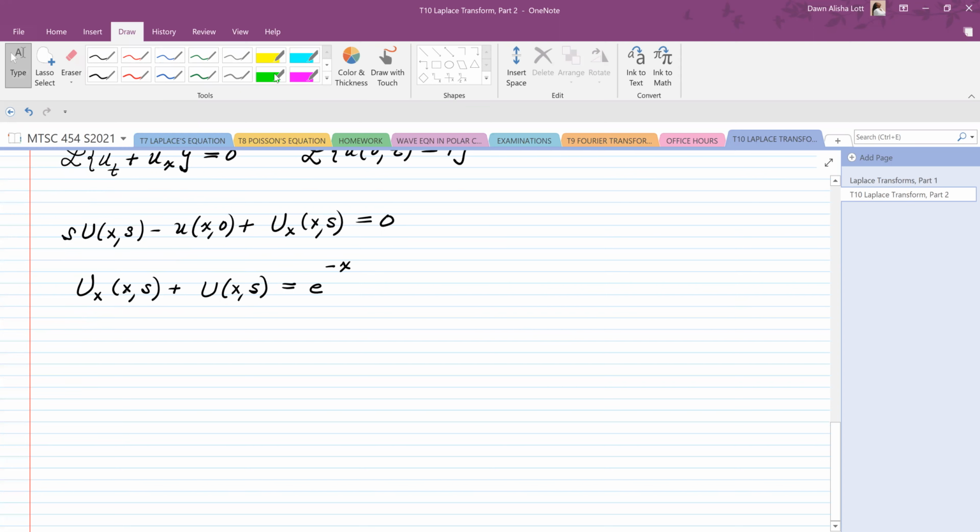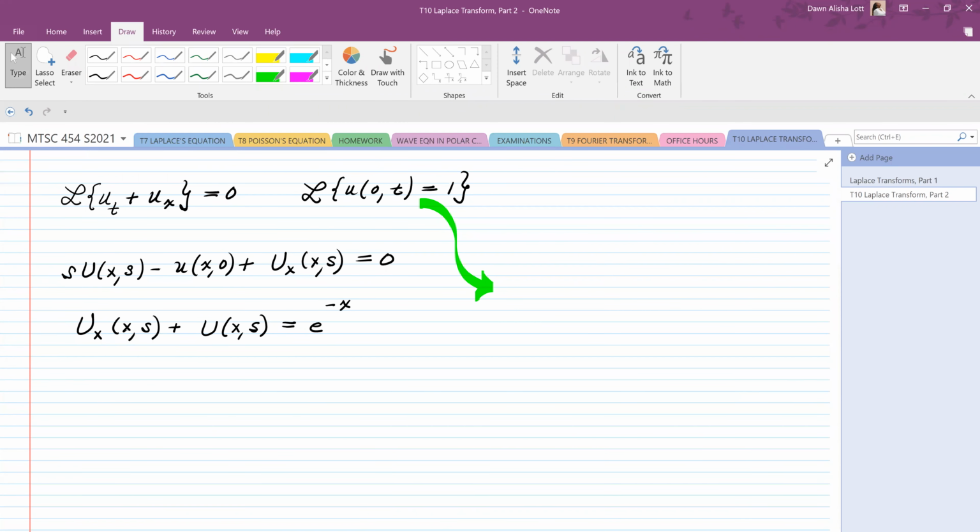Now the second equation, let's take the Laplace transform of that. So when I take the Laplace transform of that, the Laplace transform of capital U of 0 and t becomes capital U of 0 and s. And then I take the Laplace transform of 1, and we know the Laplace transform of 1 is 1 over s.